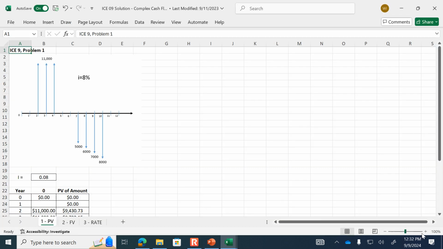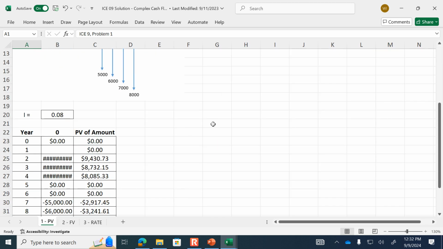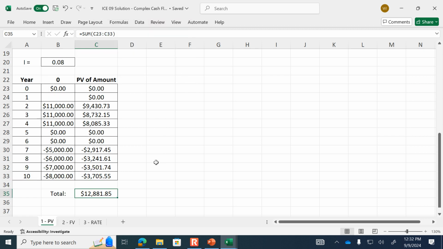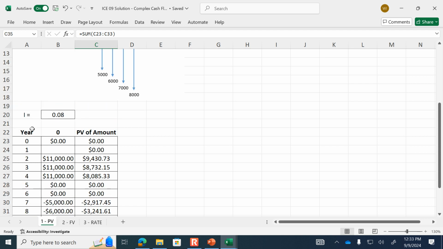If we solve it using Excel, we also get 12,880 roughly. With full precision, it should be 12,881 and 85 cents. But the broader point is that when you're finding present values, your columns are year, amount, and then present value of amount.